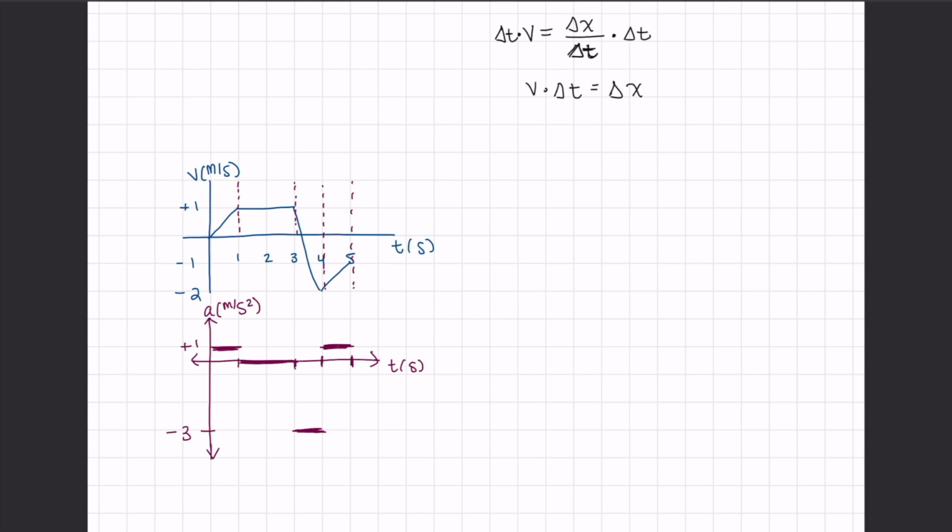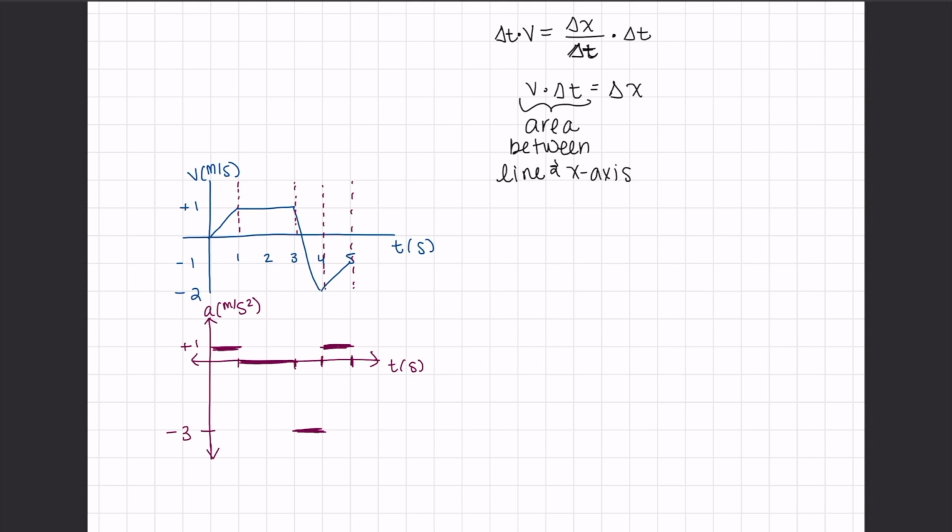What this means in terms of the graph is that, and again, this is for time intervals, we would take the area between our line and the x-axis.